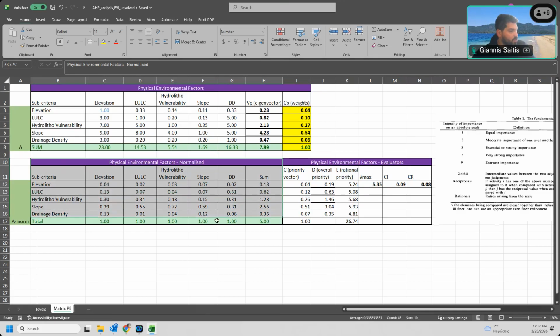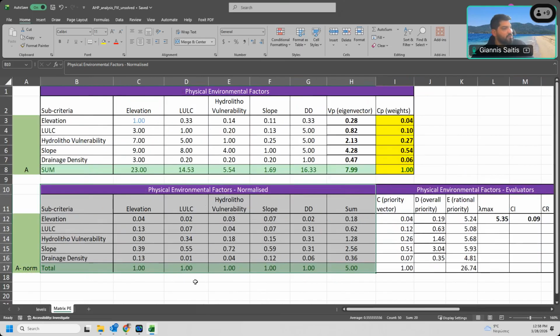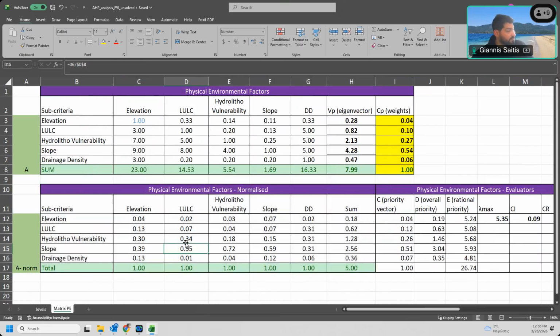So below, and I will zoom now, below we have the normalization of our factors. Okay, so the normalization is working vertically.